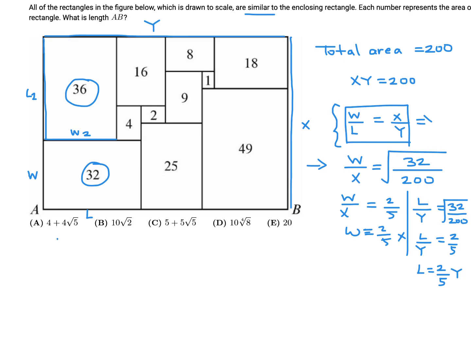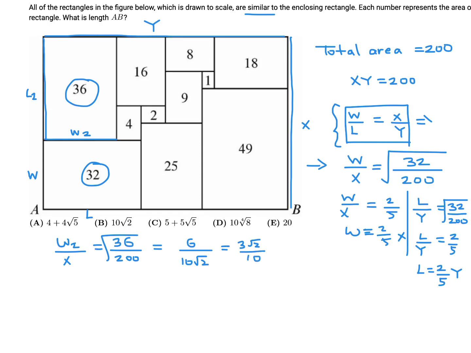In a very similar way, W2 over X is the same as 36 this time over 200, and the square root of that. And that is 6 over 10 root 2. And when you rationalize the denominator, you get 3 root 2 over 10.